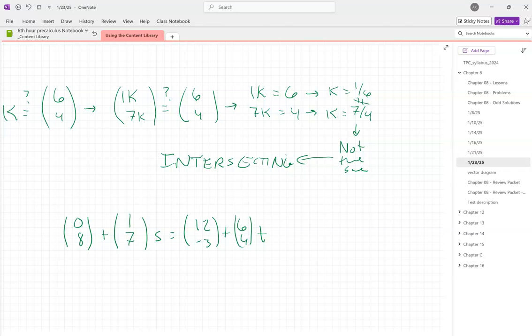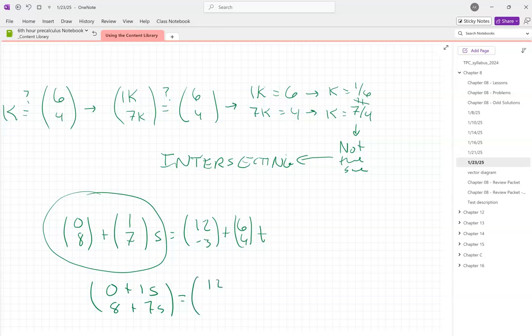Is everybody okay with what I did there? Okay. Next thing I'm going to do is add these vectors, do the scalar multiplication, then add the vectors together. So when I add this side, I'm going to get 0 plus 1s, and then 8 plus 7s. And that's going to equal 12 plus 6t, negative 3 plus 4t.